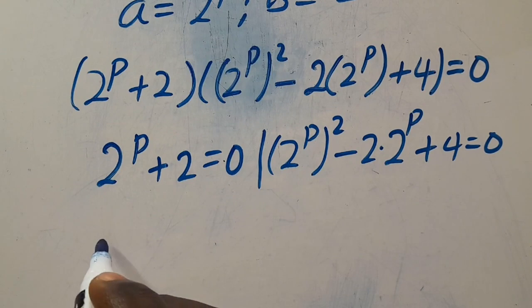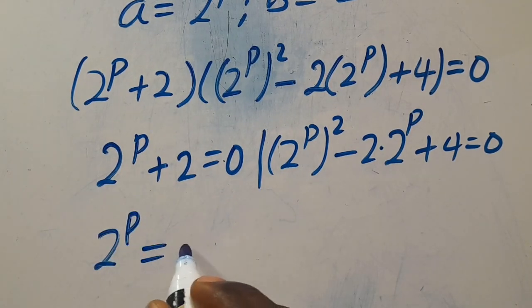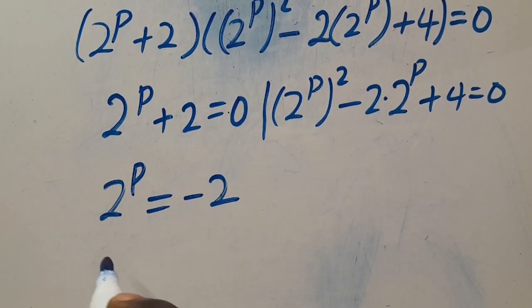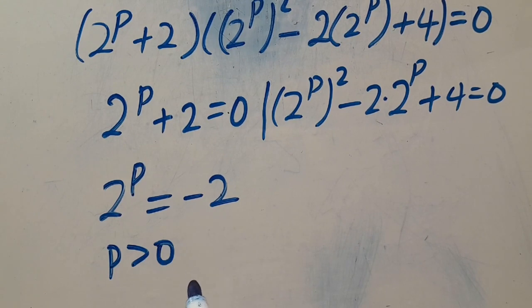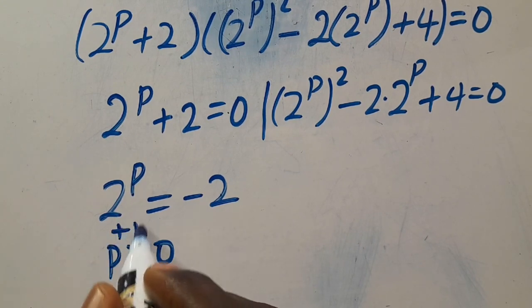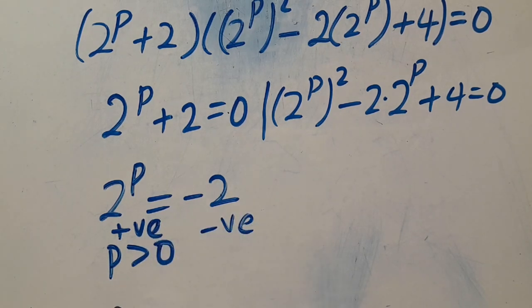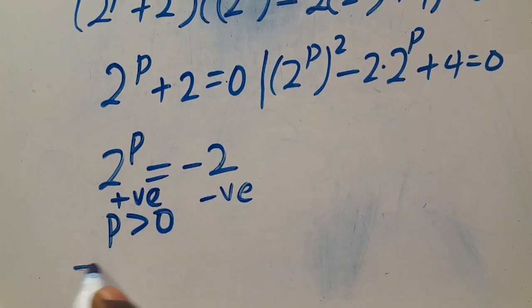So from here, we have 2 to the power of p equals minus 2. Now, for any value of p such that p is greater than 0, here will always be positive, while here is negative. So for this reason, we can reject this one.